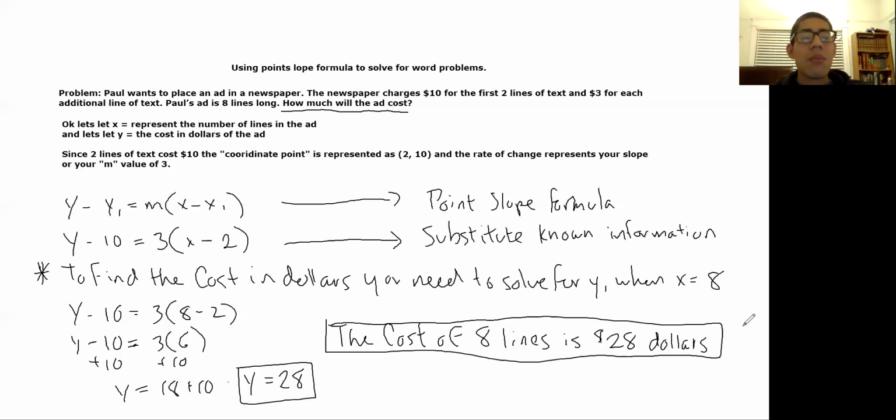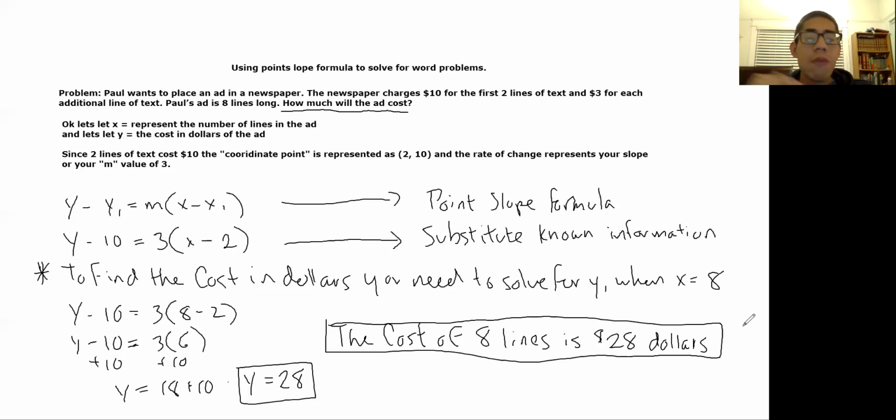And since that's what we want to know, and we're going to use the point slope formula, the final answer in a point slope formula is going to be Y. So that Y kind of represents our final answer. So really what it's asking us, how much will the ad cost? That's Y. That's why I said let Y represent cost in dollars, because that's the final answer that we want.